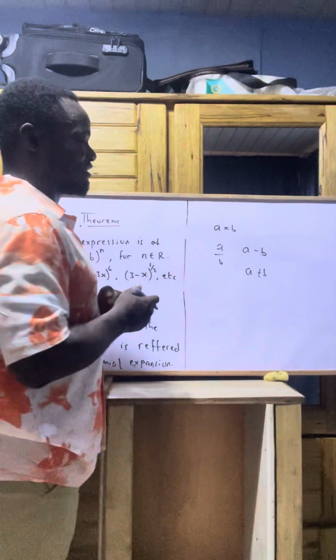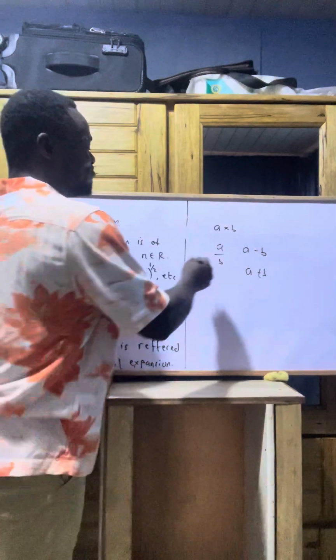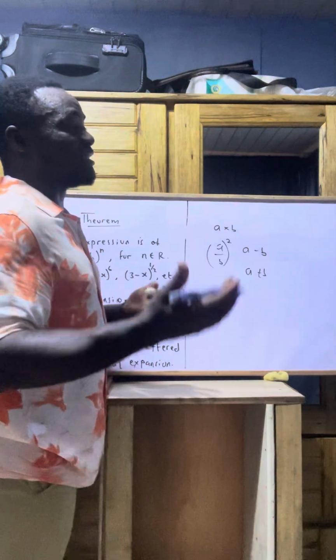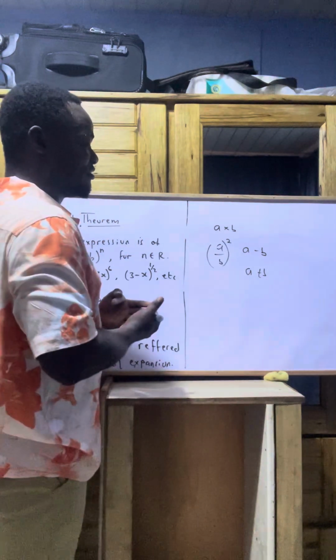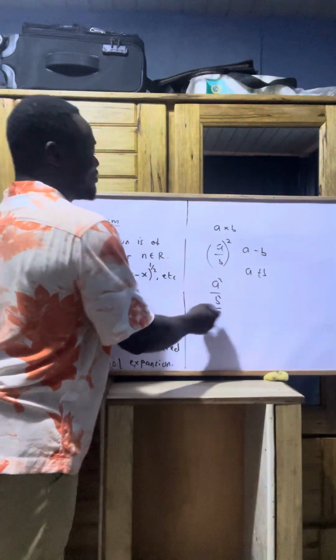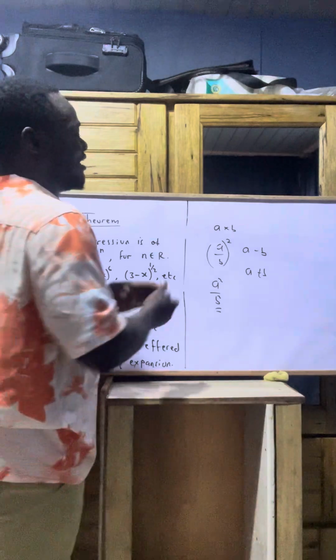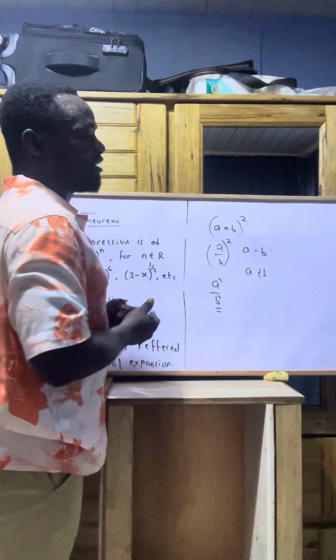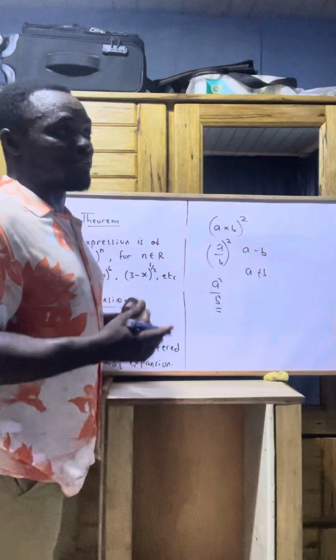I understand. But when you take this one and you give a power to it, it will move you straight to indices. So it's easy to open this one, and this will give you a to the power 2 over b to the power 2. That's why we are not interested in this. And if you look at the product of the two terms, if you give a power to it, it will still take you to indices.